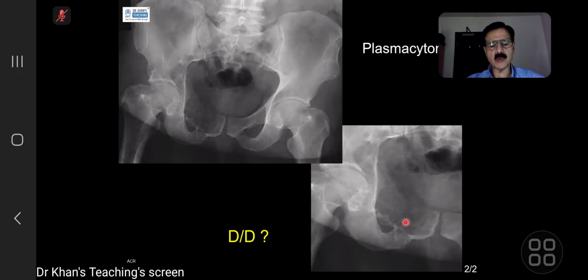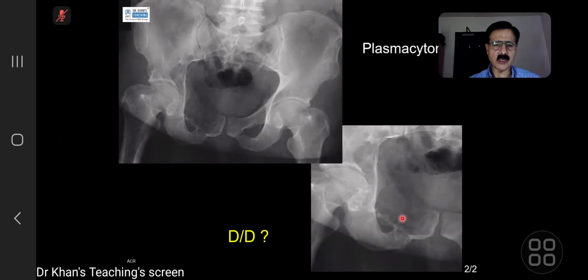Please remember, when we describe a tumor in the long bone, one of the key parameters to differentiate that it is an aggressive lesion versus a non-aggressive lesion is zone of transition. But in the axial skeleton, like pelvis, that doesn't work. So, a narrow zone of transition can be malignant and can also be benign. So remember that.